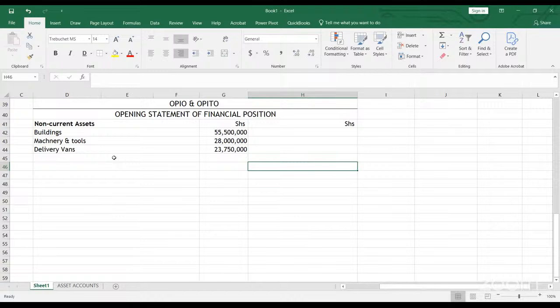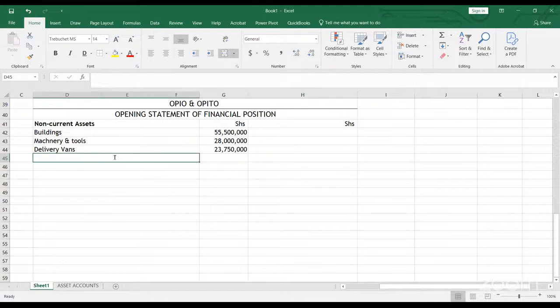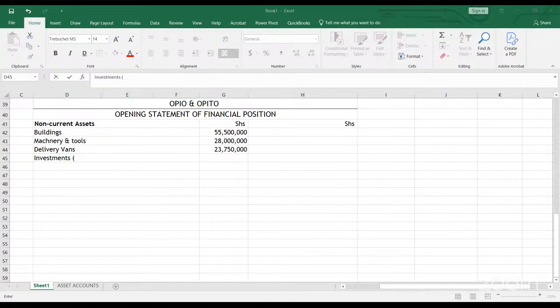We have investments, valued at 6 million.